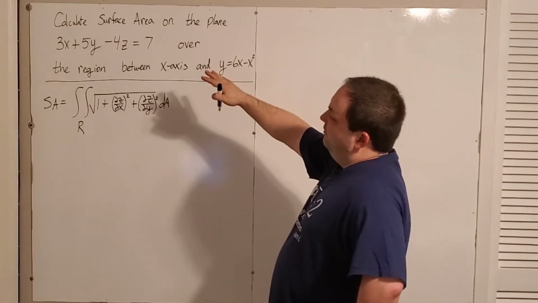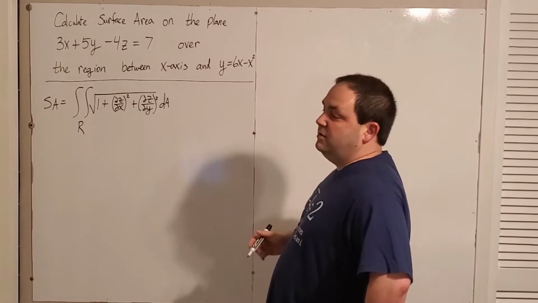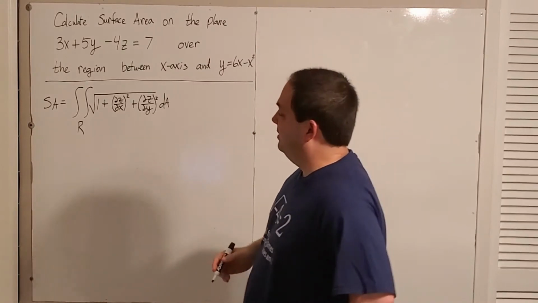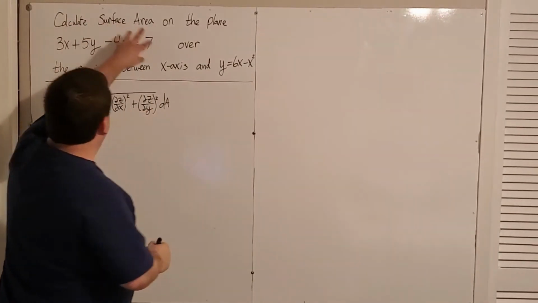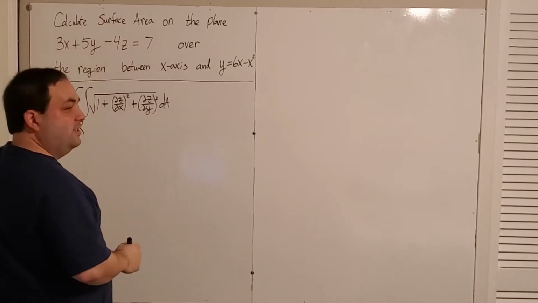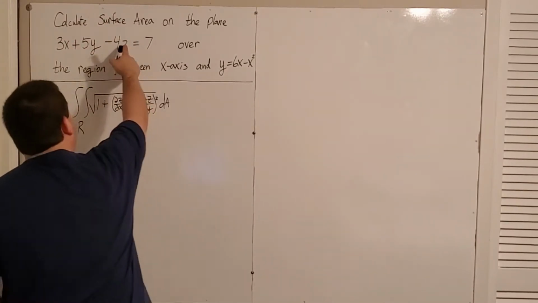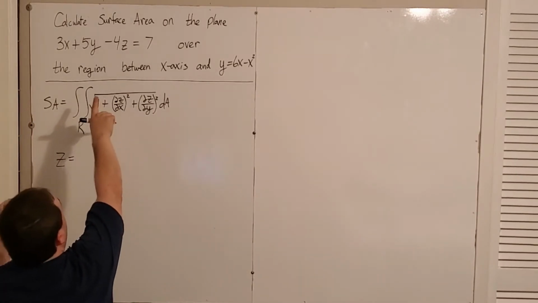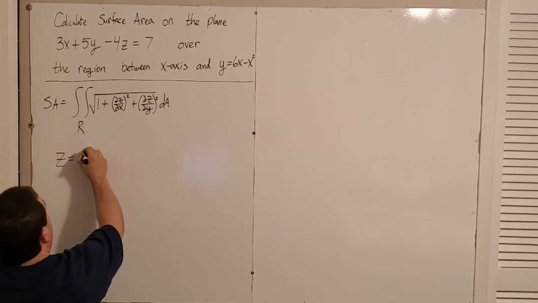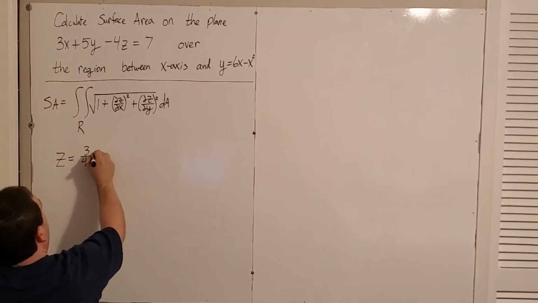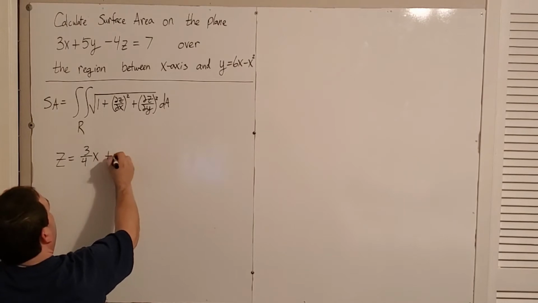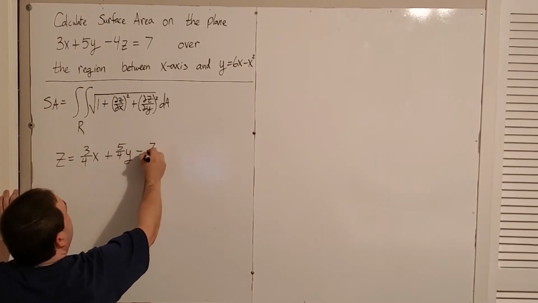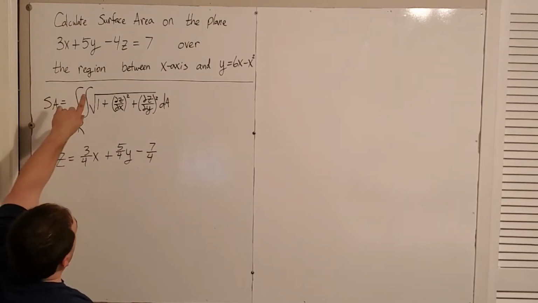What I need to have is the partial derivatives of z with respect to x and y. So I'm going to start by solving for z. Here in this equation, z equals (3/4)x plus (5/4)y minus 7/4, right?